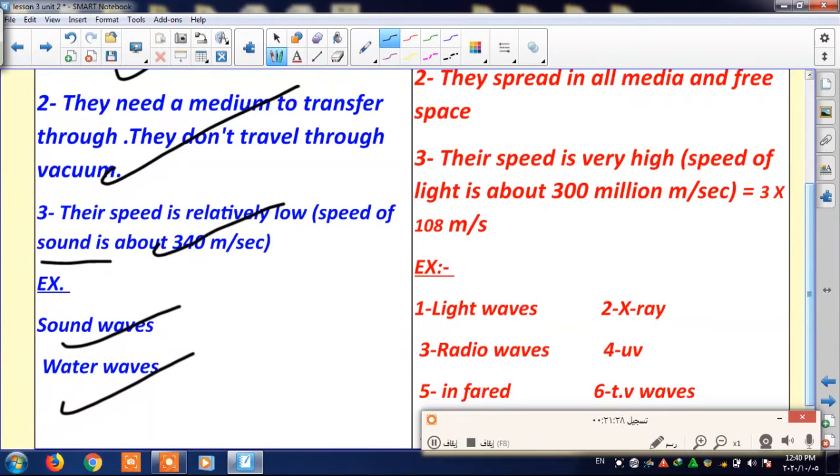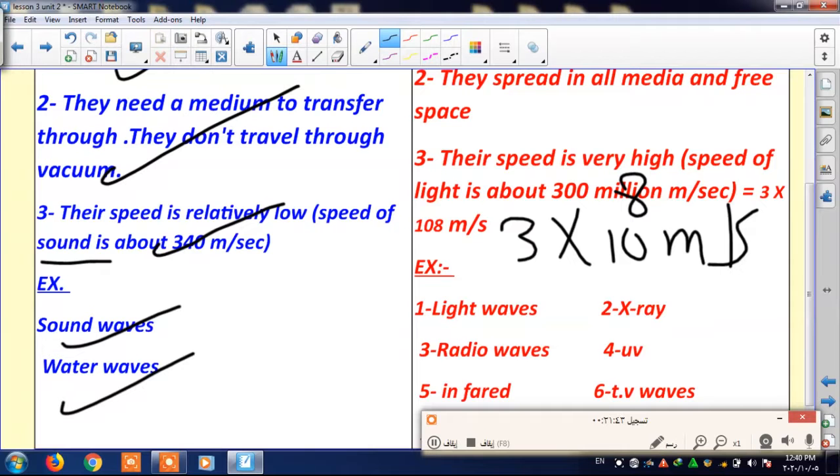The speed of light in space equals 300 million meters per second, or 3 times 10 to the power 8 meters per second. Examples of electromagnetic waves that can propagate in space without any medium: light wave, X-ray, radio wave, infrared, ultraviolet, TV waves. All types of electromagnetic waves don't need a medium to propagate through.